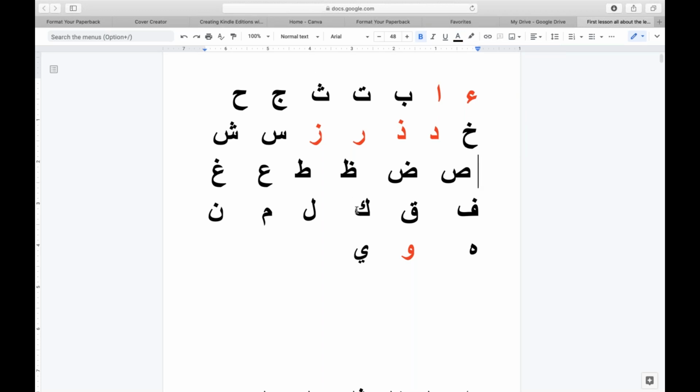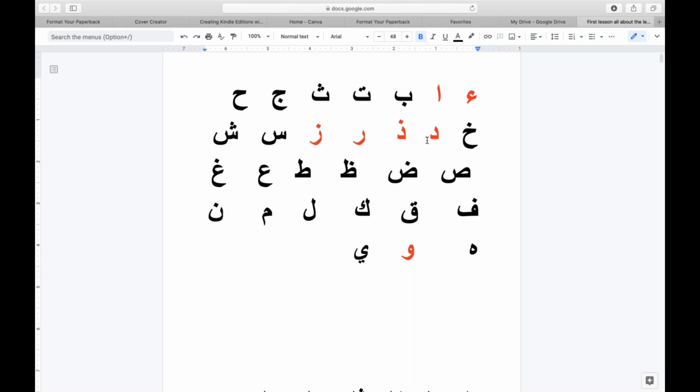Almost all these letters, just forget about Hamza and all the letters I colored in red, can attach to the letters before and after. But these letters, they are naughty. They don't like to attach to any letter that comes after them. These letters will attach to the letter that comes before them, but never to the letter that comes after them.